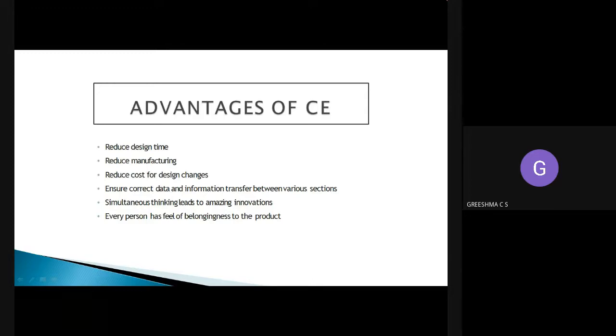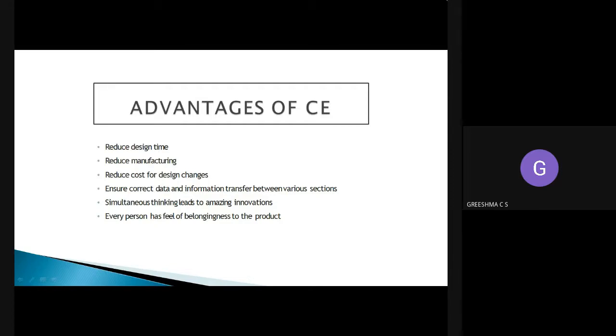For example, like I have told, microbial concrete. There it requires proper data and information. The civil person needs to have proper information about the biotechnology part, and the biotechnology person needs to have proper information about the civil part, so that we are working combinedly.